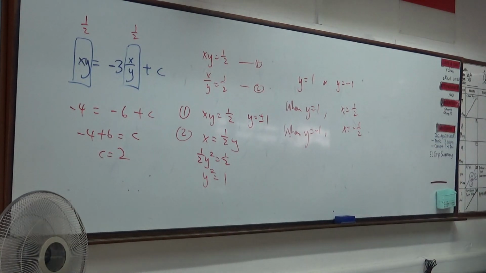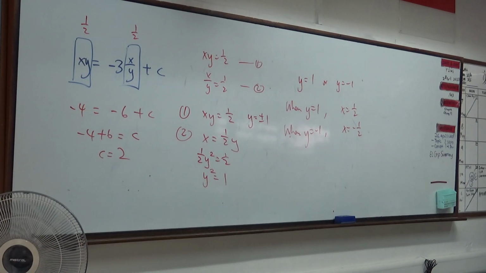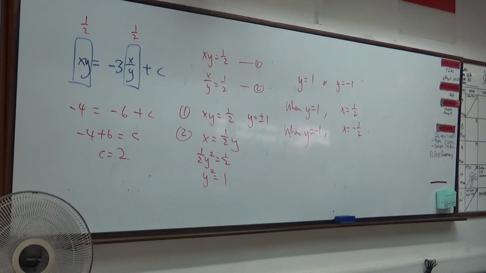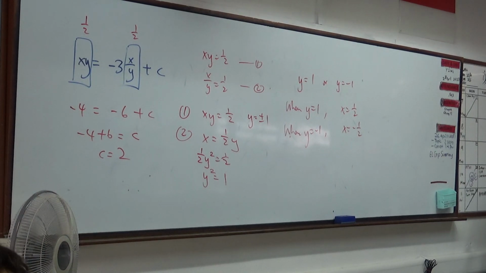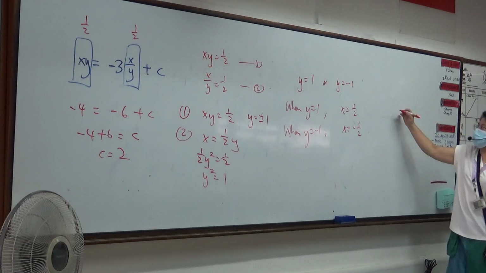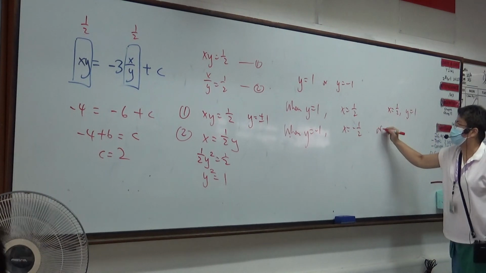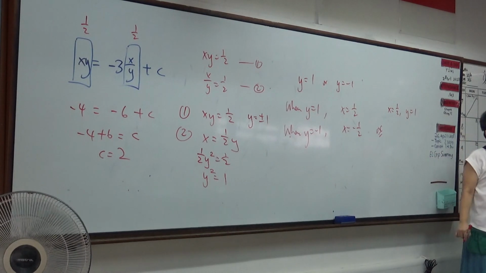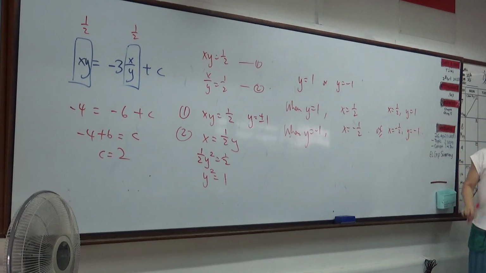Correct. Now we must see what is the coordinate of C. So what do you think will be the coordinates? It is either X half, Y 1, or what? X negative half, Y negative 1.